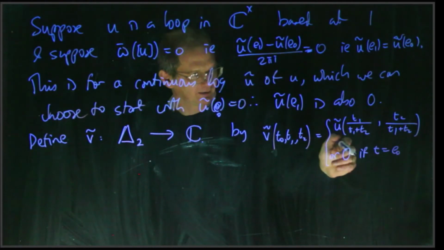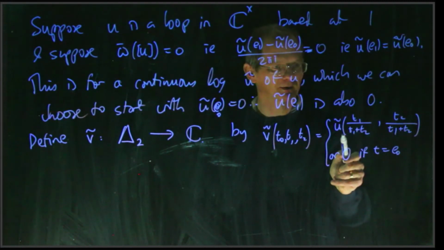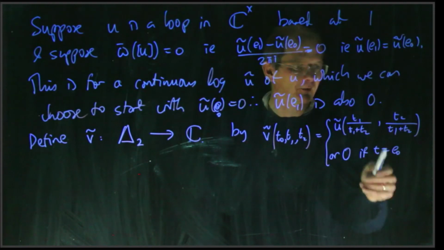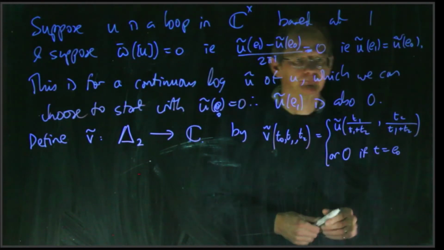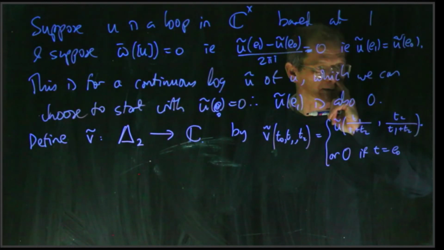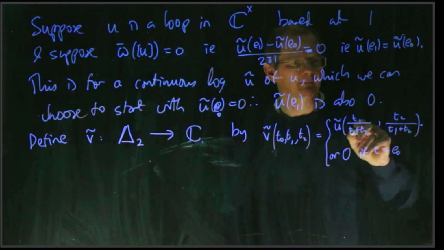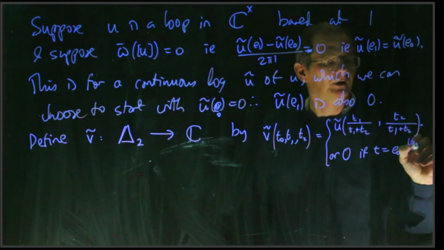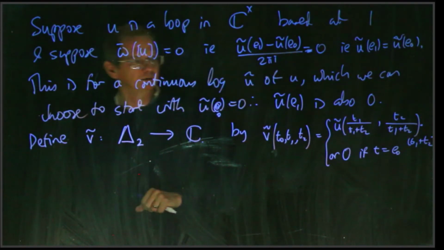The only case where this first formula doesn't make sense is if t1 and t2 are both 0, but then t0 has to be 1. In other words, you have to be at the corner e0 of your 2-simplex. In that case, we define it to be 0. Then I'm supposed to multiply by t1 plus t2, which I don't really have space to write in. So I take this complex number and multiply it by t1 plus t2.